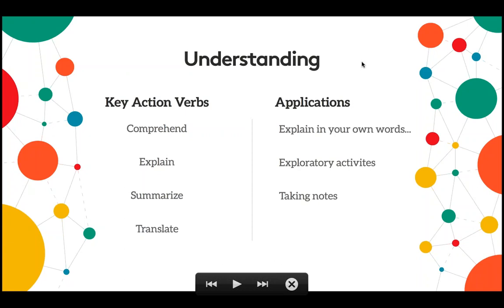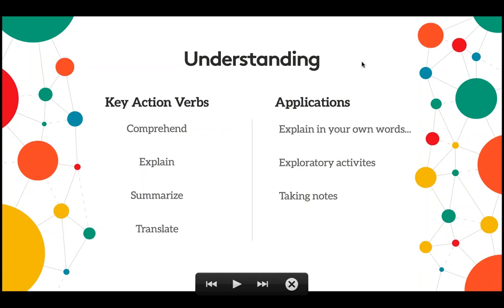And so ideas like comprehend, explain, summarize, and translate. I really like the idea of summarizing. If you are giving a lecture to students and they are taking notes, rewriting in their own words, they're having to take what they're remembering, what they're hearing, and translate it into something they can understand.